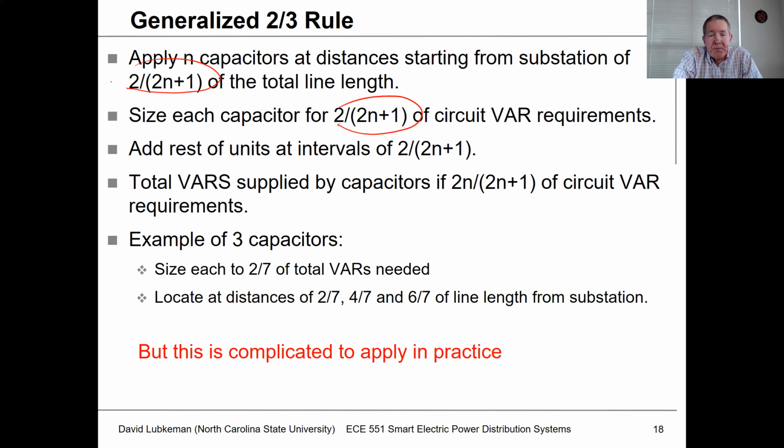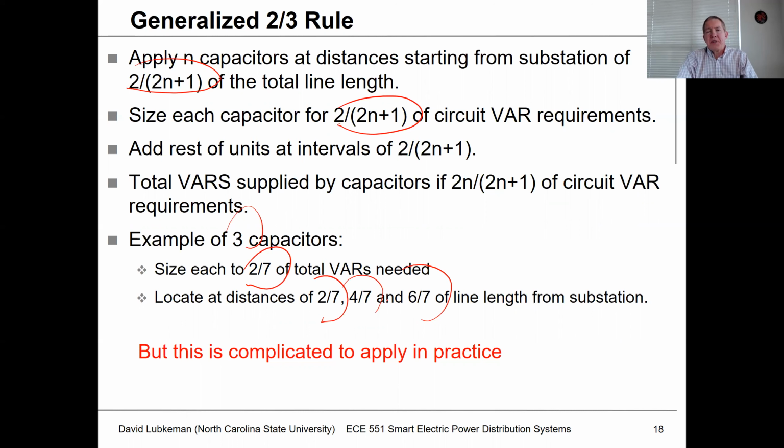And so let's suppose you had 3 capacitors you want to put on a circuit. Then you size each of these at 2/7 of the total VARs needed. So you have 3 equal sized capacitors, and these are going to be at locations 2/7, 4/7, and 6/7 of the line length, starting at the substation.